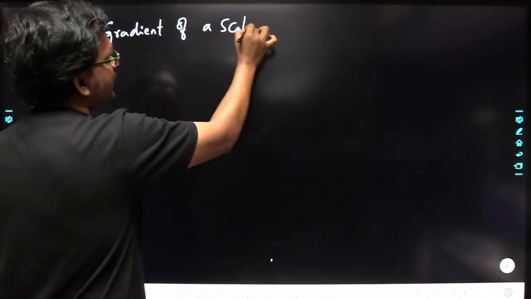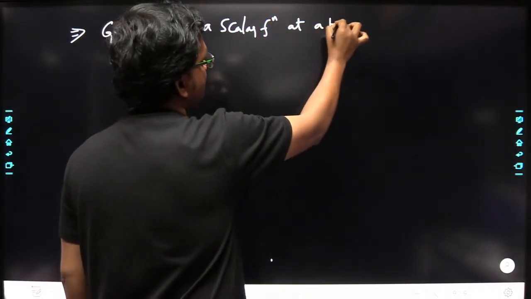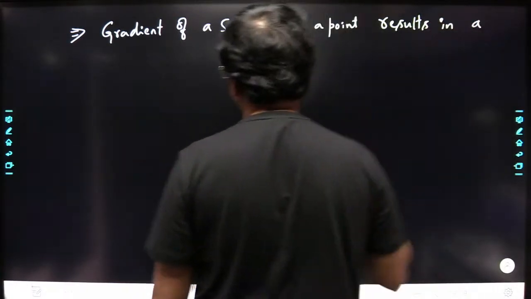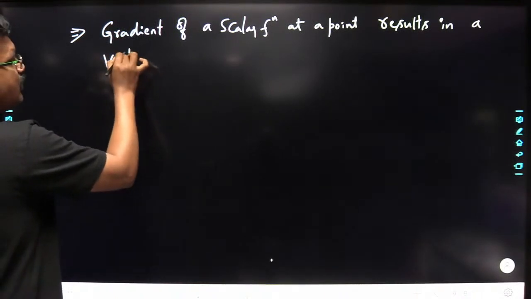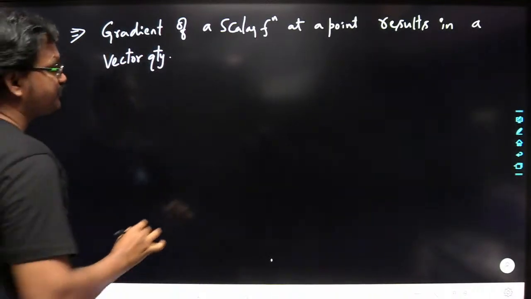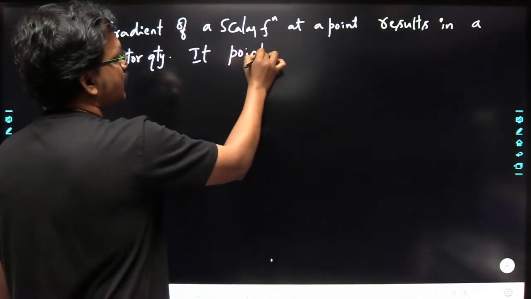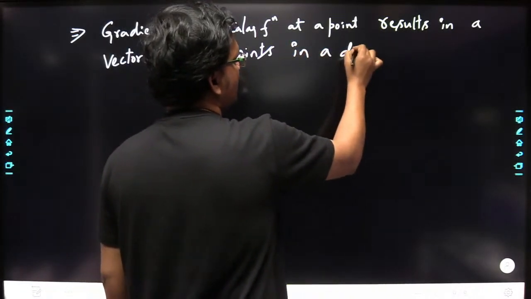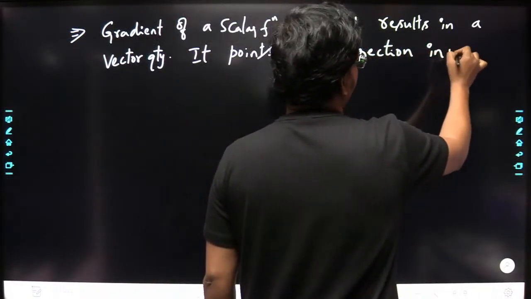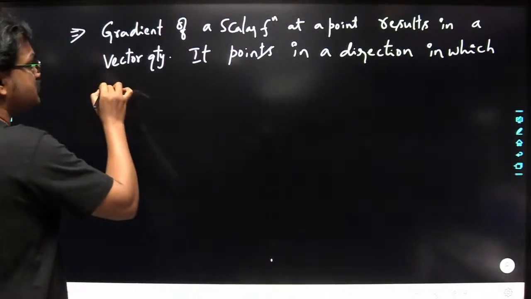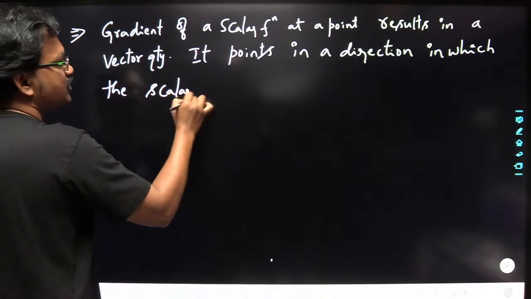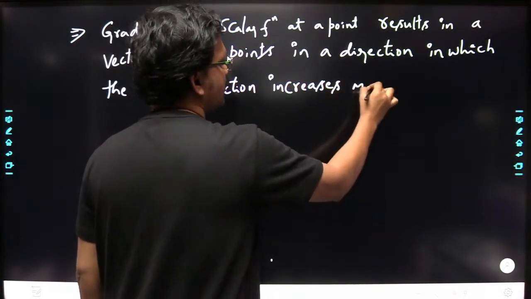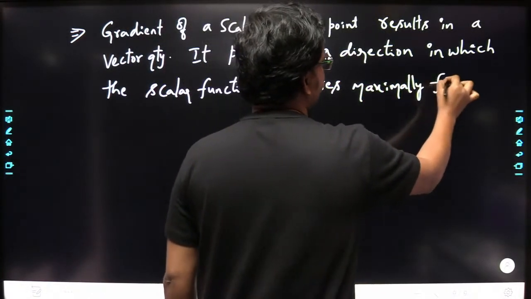Gradient of a scalar function at a point results in a vector quantity, and that vector quantity points in a direction in which the scalar function increases maximally from that point.